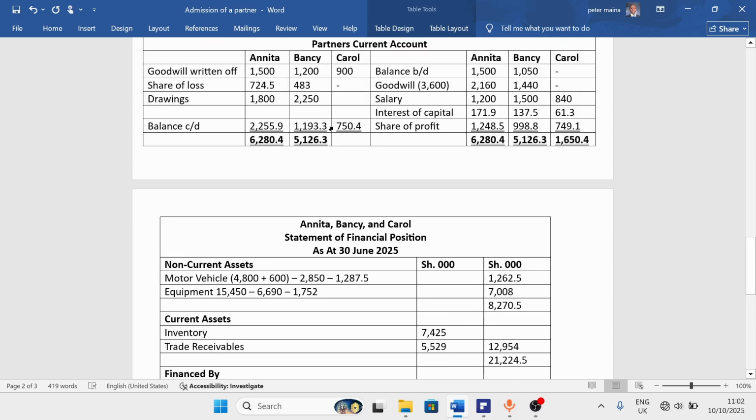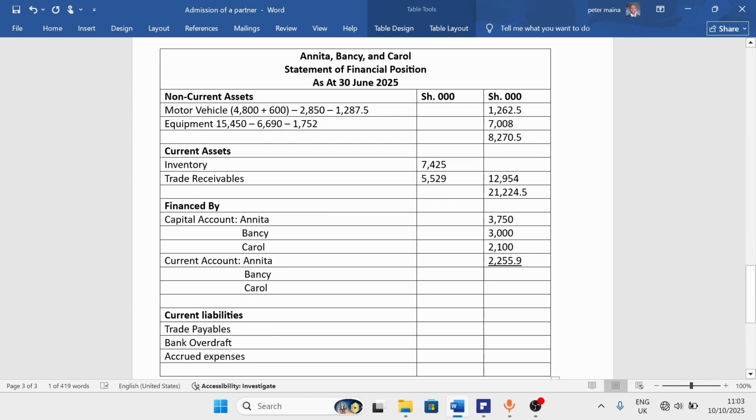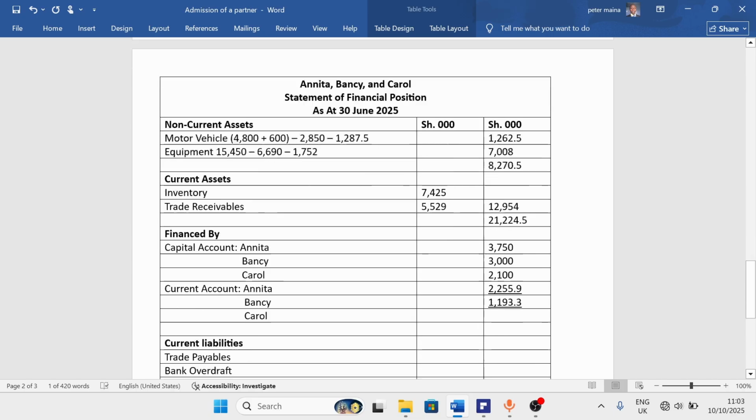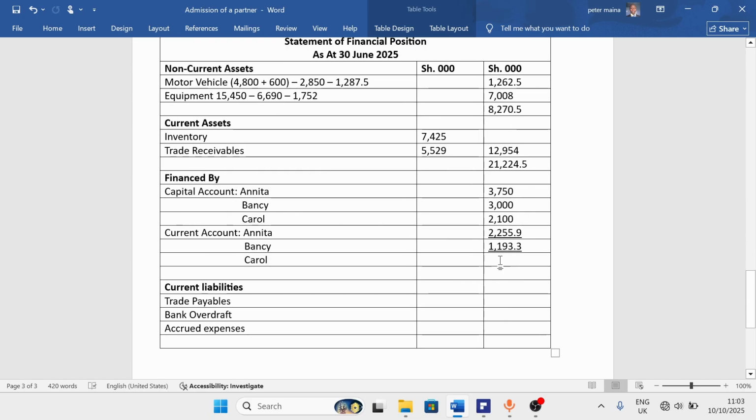And then for Bansi, the balance carried down was 1193.3. So that is the one we will bring here, 1193.3. And then for Carol, the balance carried down was 750.4. So that is the one we will bring here, 750.4.